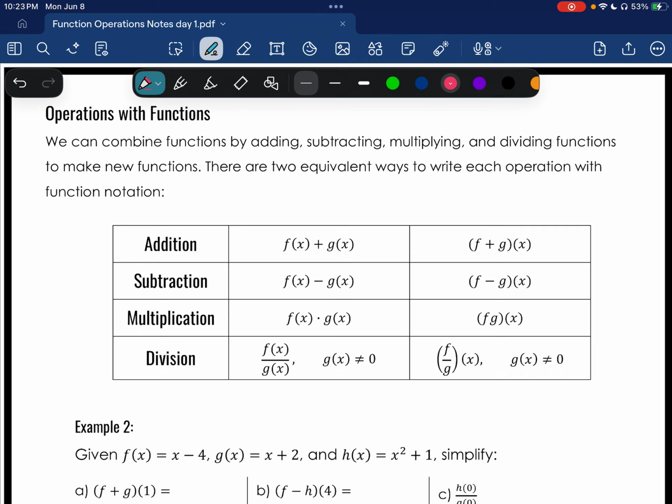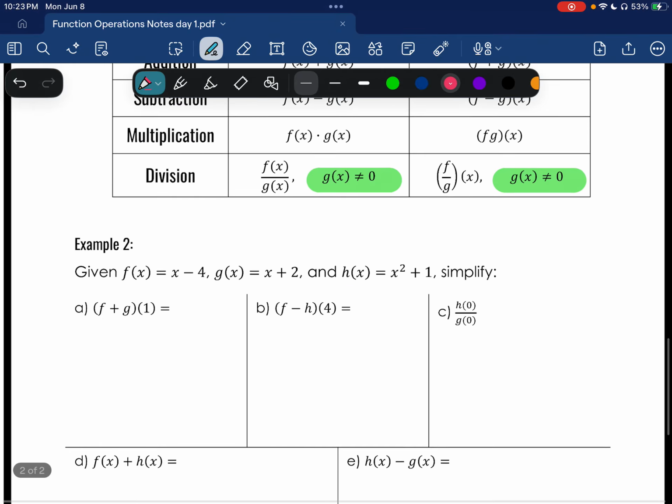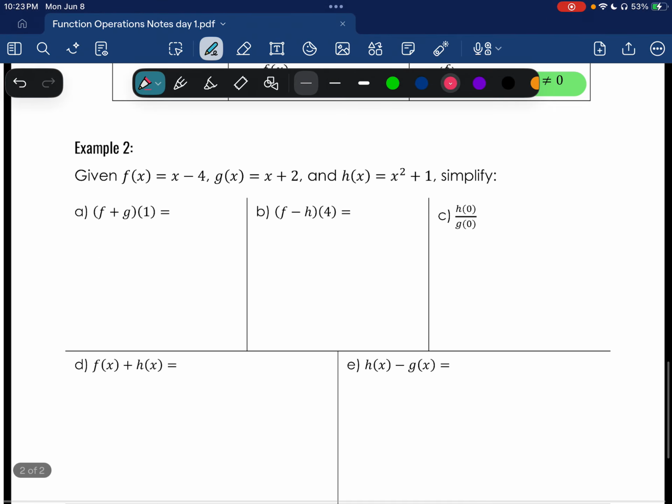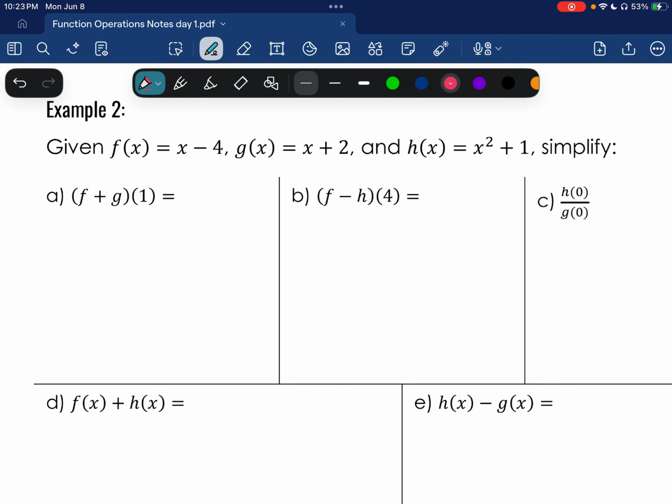This isn't any multiplication, though we could rewrite this as f at 1 plus g at 1. And then what I'm going to do is plug those in. So f at 1 means I'm going to have 1 minus 4, plus g of x, which looks like it's going to be 1 plus 2.